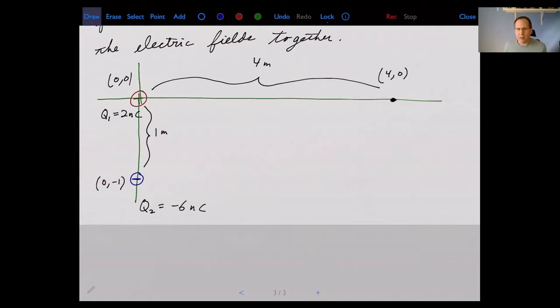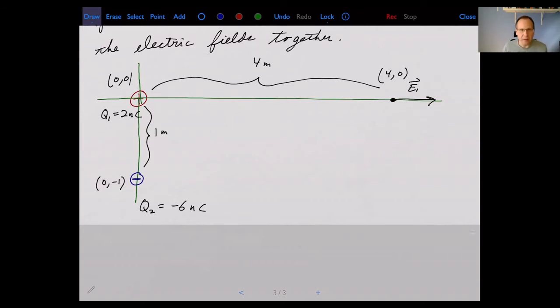Okay, so to calculate the electric field there, I would first have to find the electric field due to Q1, right? And remember, this positive charge is going to have an electric field that points outward. In this case, it'll be directly along the positive x-axis. So that'll look something like this. I'll call this E1. So that's the electric field due to Q1.